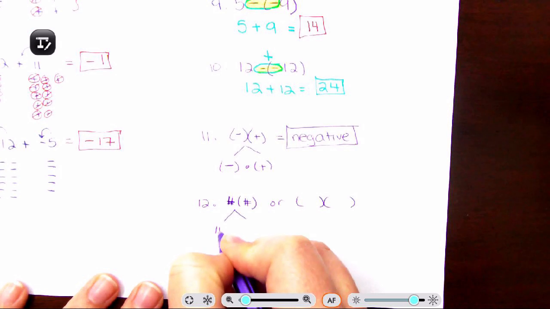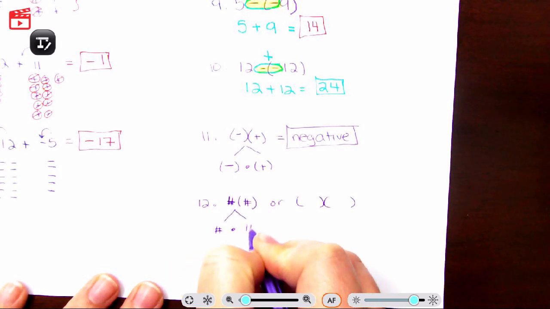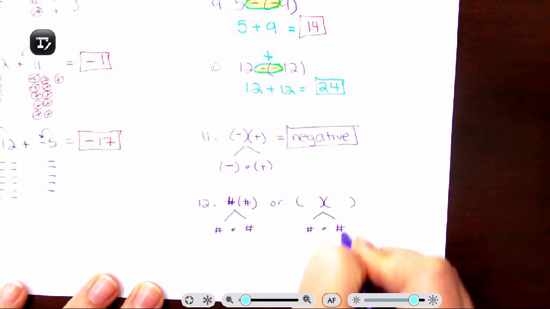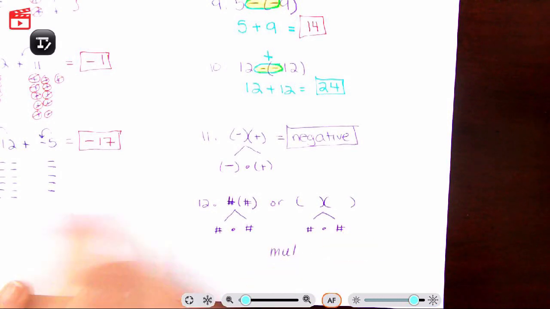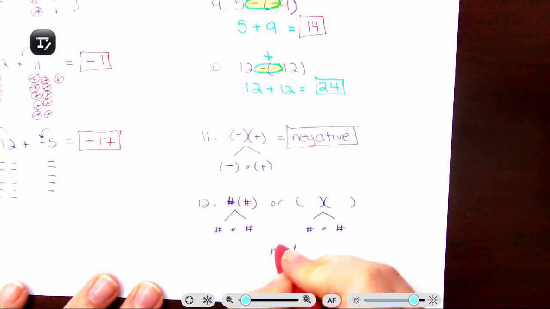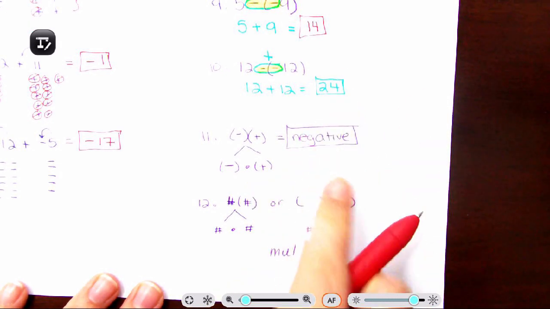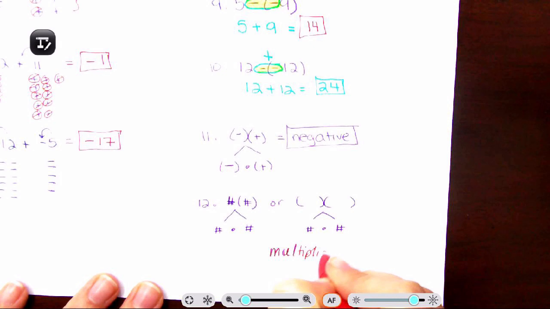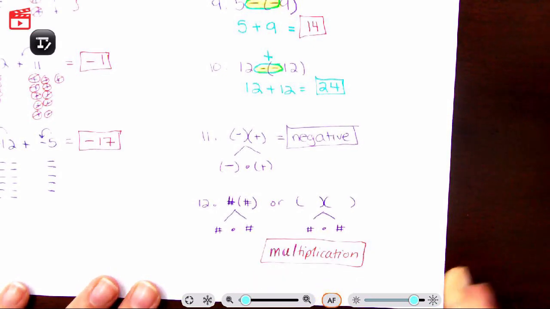And that is, once again, mathematicians are lazy. So when you have something like this, we are in fact multiplying. So the answer to this one, let me write my answers in red. I kind of stopped doing that here, but let's go back. So what operation? It is multiplication. All right, moving on to number 13.